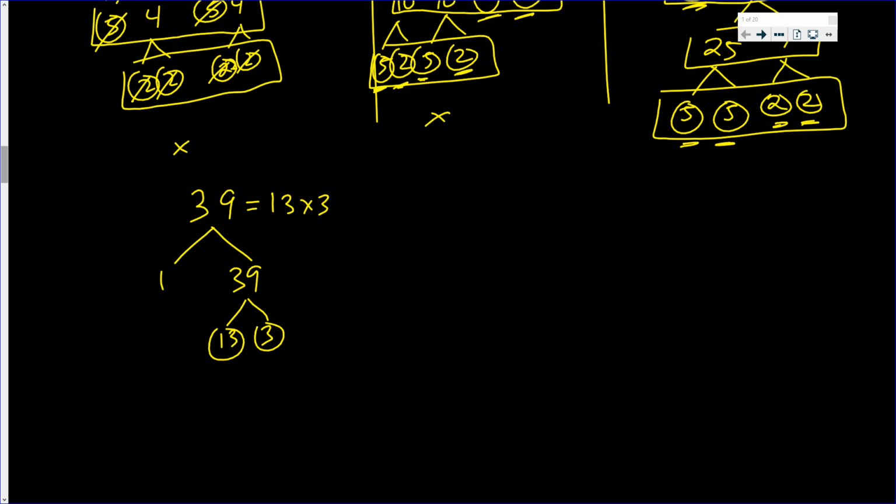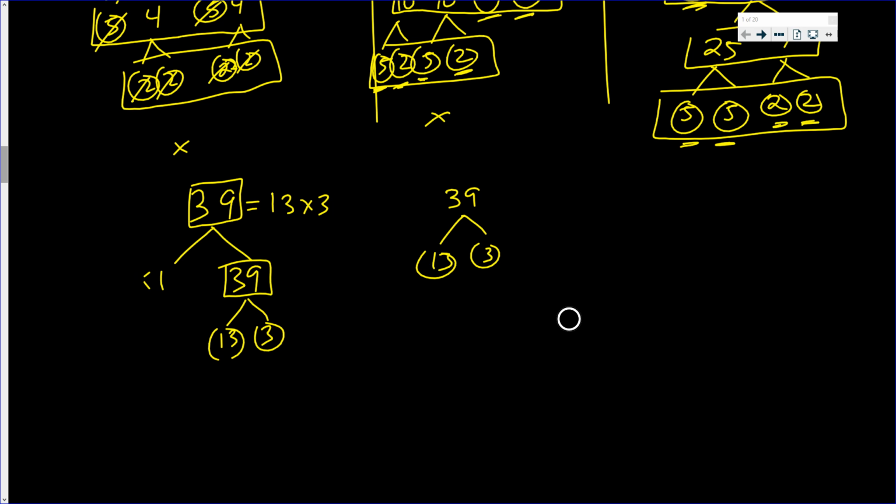You should have just done 13 times 3 and be done. Don't use 1 because whatever this number is, the tree with 1 just dies because it's not prime, so it doesn't get circled, and you can't write it as a product of primes. So you're just back dealing with 39 again. You didn't get anywhere by doing the 1.